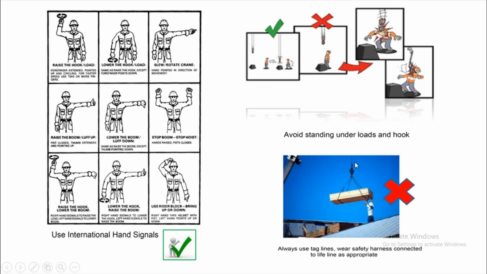Like for example, always use tag lines, with safety harness connected to the line as appropriate. Here the rigger is directly controlling the load by hand without tag lines, and at the same time the rigger doesn't have any safety harness to prevent him from falling off the roof. So this is unacceptable.